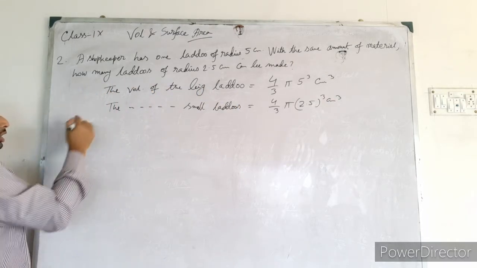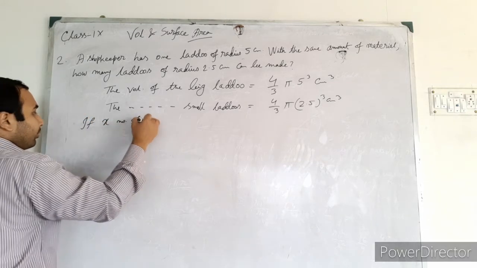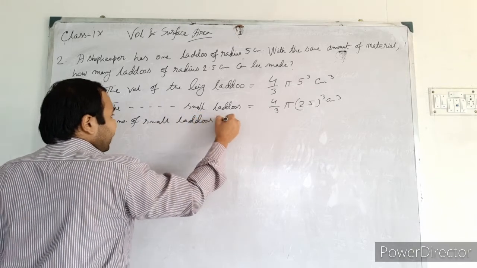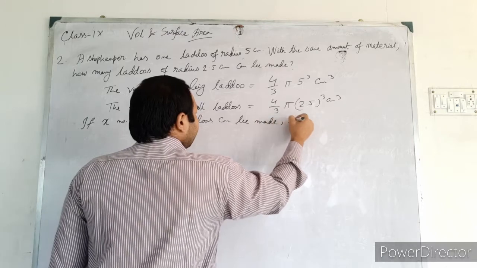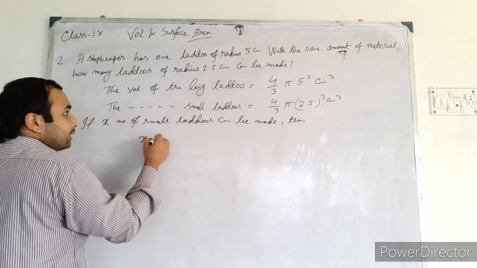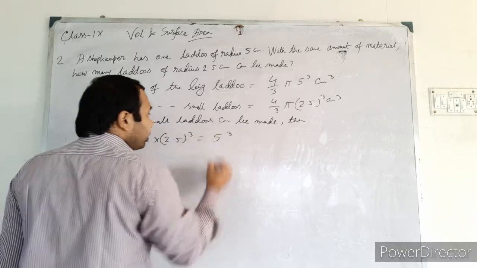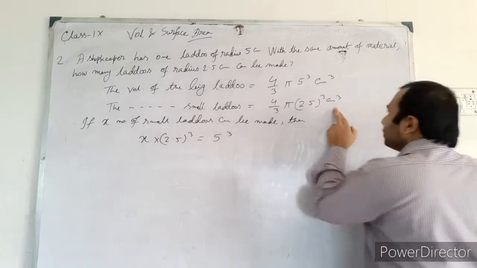If x number of small laddus can be made, then x into 2.5 whole cube equals 5 cube, because the small volume was 4/3 pi 2.5 whole cube into x.